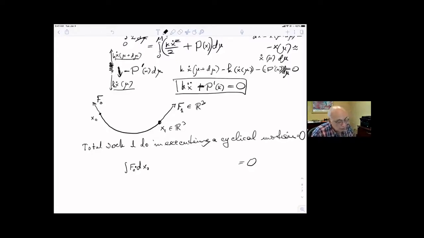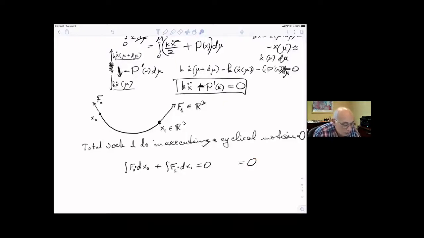So far, this integral just means physically I add them up over the cyclical motion, plus the integral my right hand does, the force F dot dx1. Okay, so that's the total work.